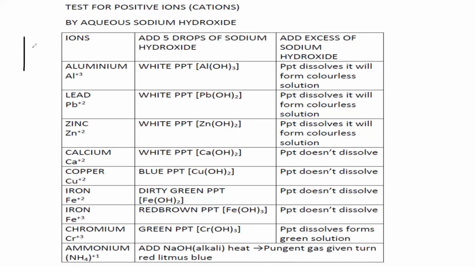So this table is all about memorization. You understand the fact, but you have to memorize. For example, we have a salt which contains aluminum ion. The term PPT means when we mix two solutions and a solid is formed. So this aluminum salt solution is colorless.